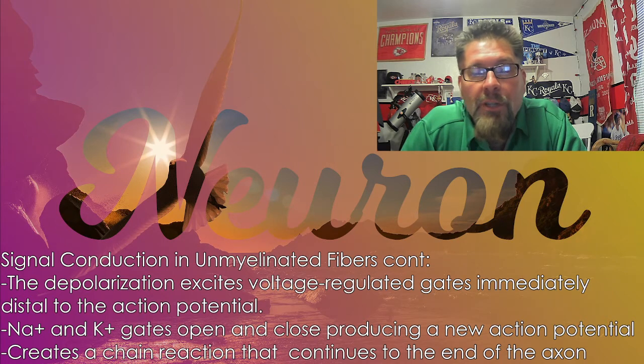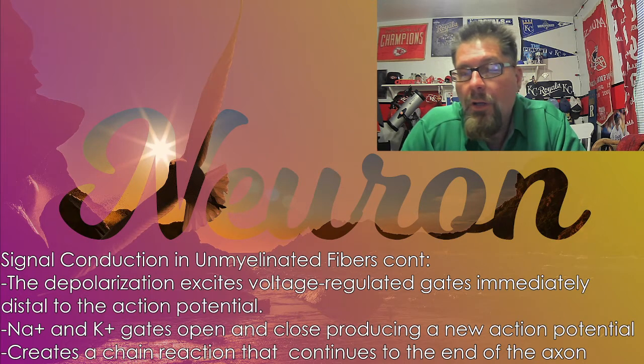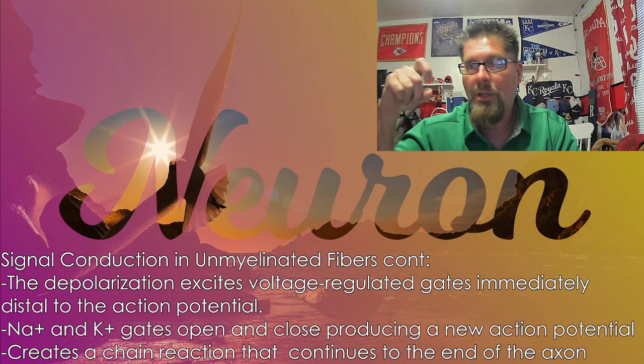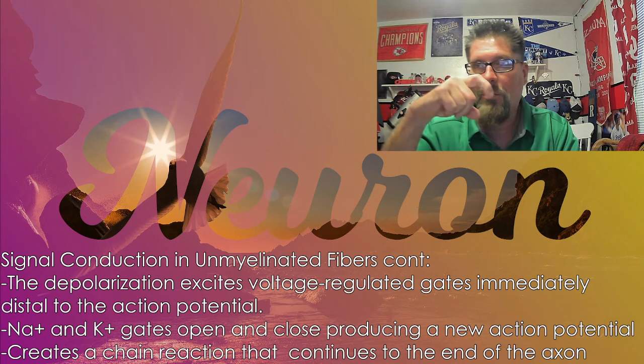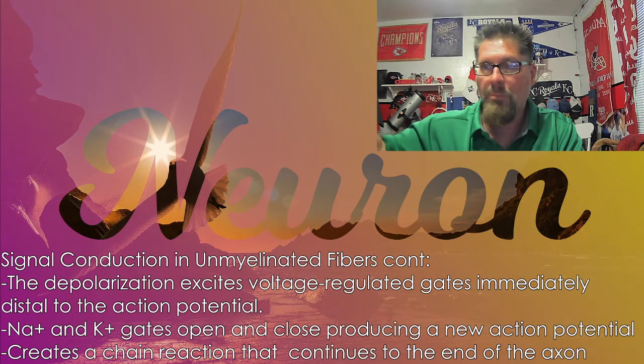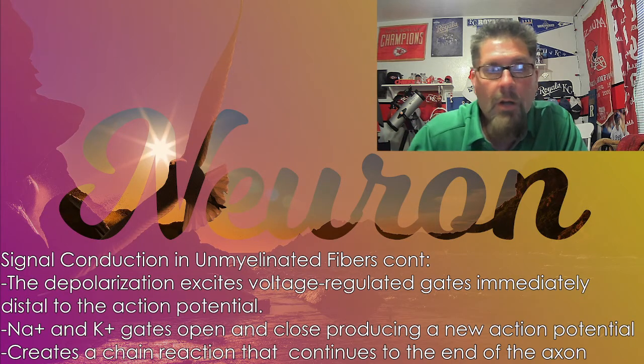Because the unmyelinated fiber has these gates, and we're going to see this inch-along process, it really slows it down. Again, it just reaches out and then inches up, and reaches out again. So a slow process. Whereas myelinated, just boom, zooms right through.